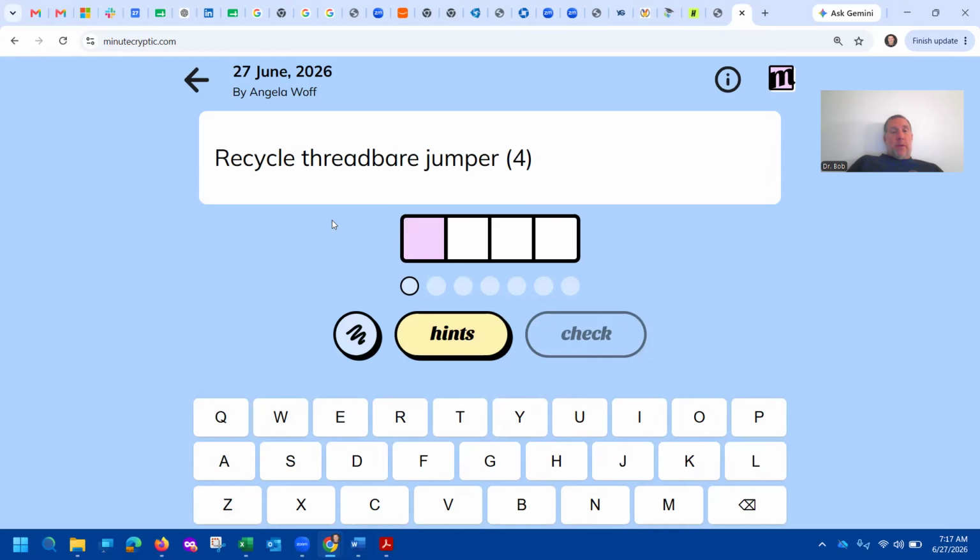All right, let's think about this one more time from the top. Recycle, threadbare, jumper. If recycle's the definition, I'm struggling to come up with a four-letter word that means recycle.